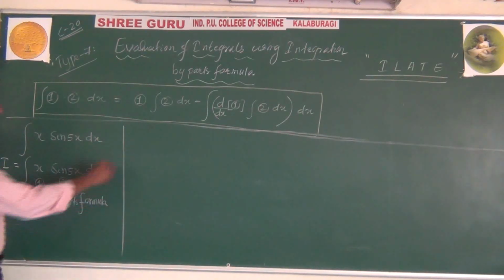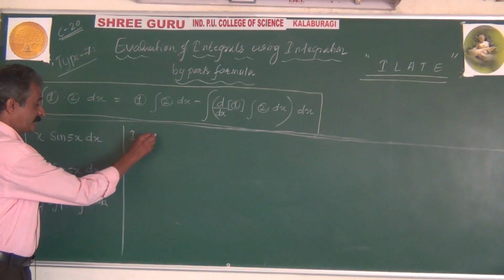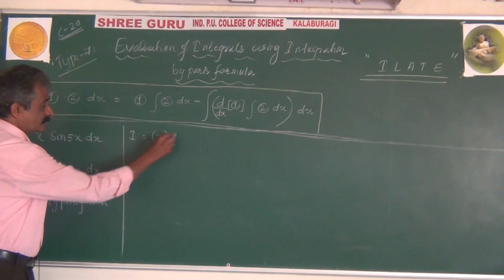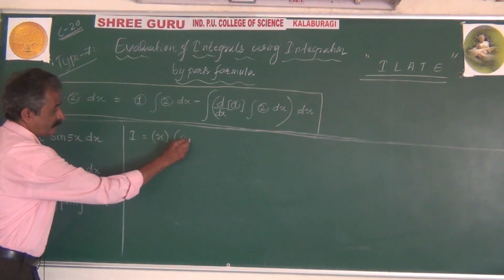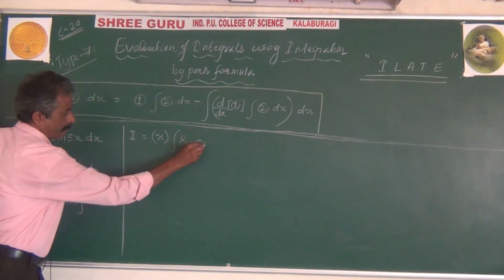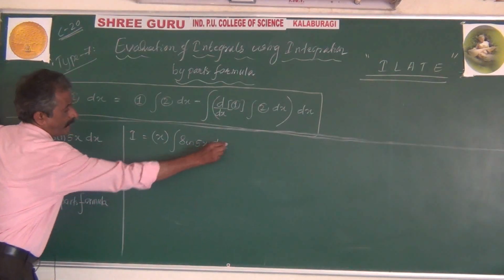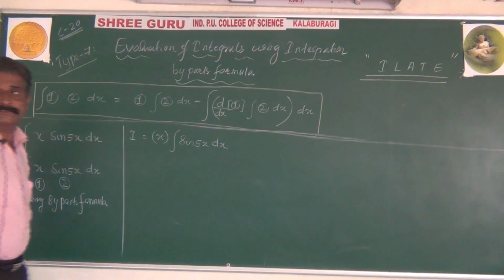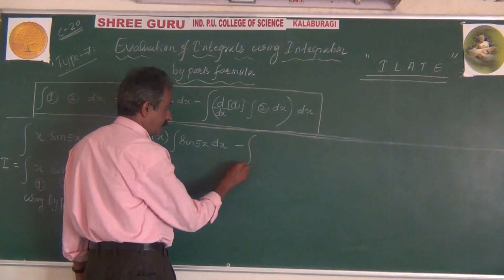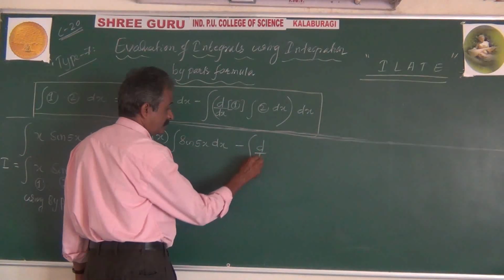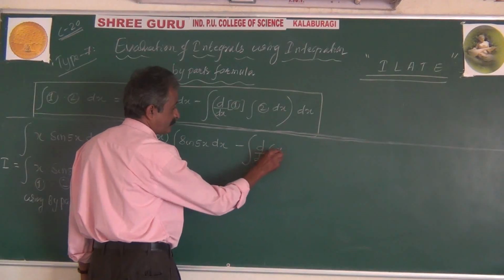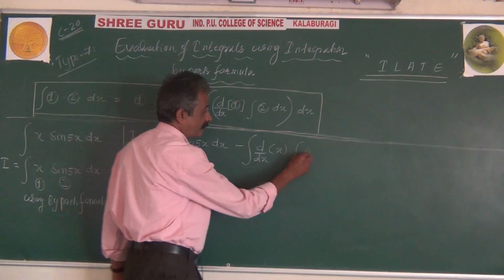What does it say? First function x as it is into integration of sin 5x, minus integration of differentiation of first function, that is differentiation of x, into integration of sin 5x.